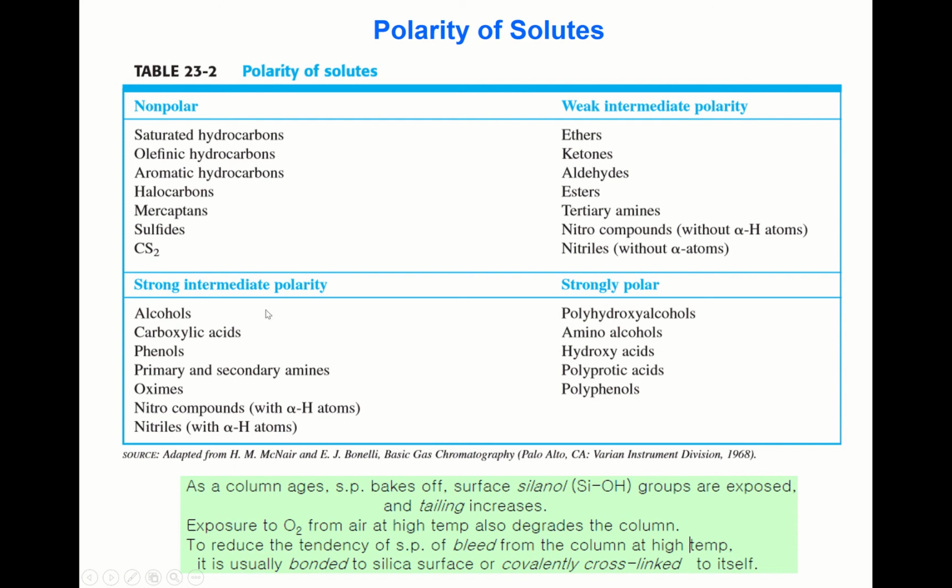But there are compounds that show a strong intermediate polarity: alcohols, carboxylic acids. They are strongly intermediate, not strongly polar. Also phenols, primary and secondary amines, oximes, nitro compounds with alpha hydrogen atoms, and nitriles with alpha hydrogen atoms.